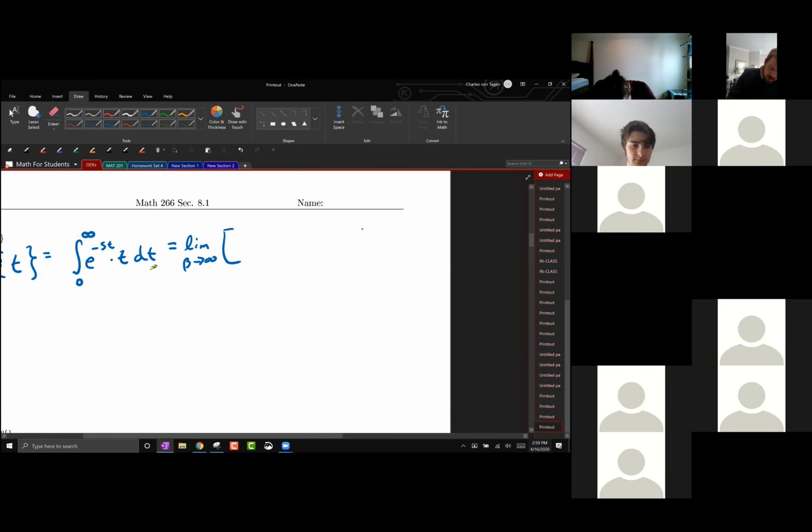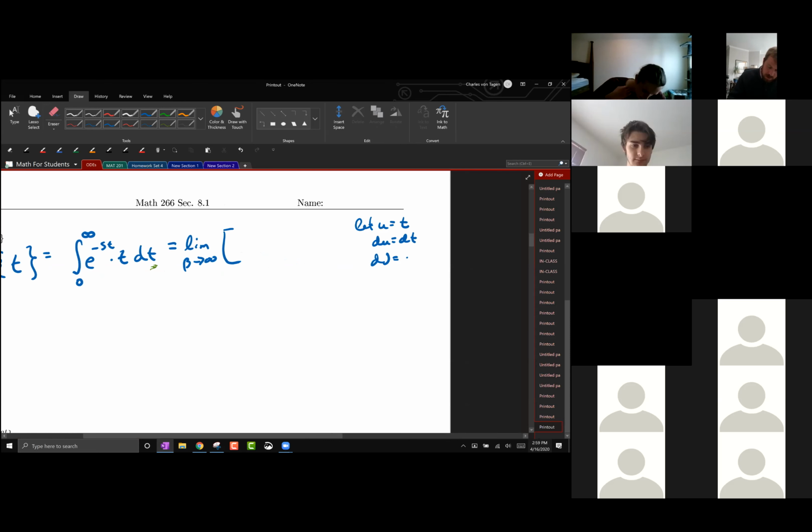We're going to let u equal which factor, folks? t. That gives us du equals dt. And then our dv is going to be e to the minus st dt, and so that makes v equal to minus 1 over s e to the minus st.